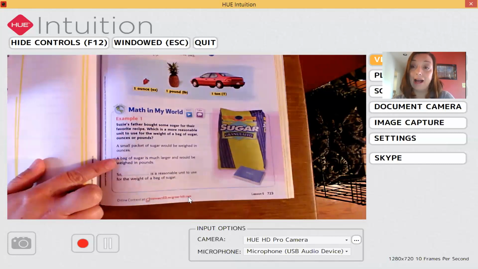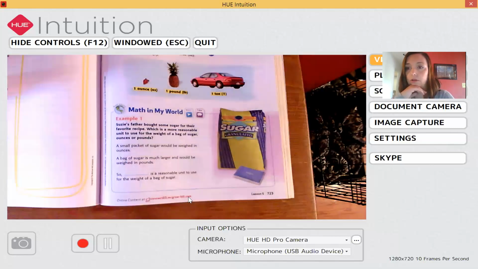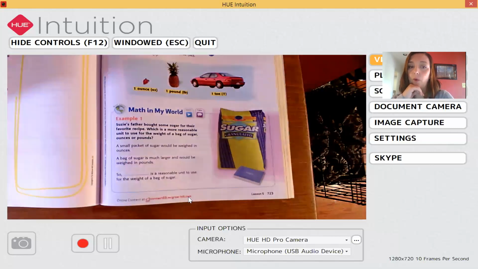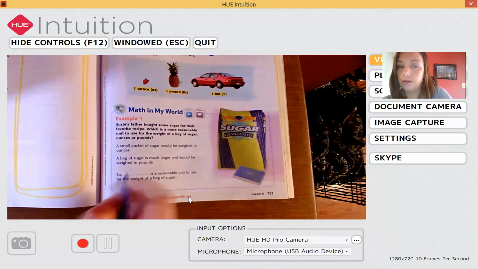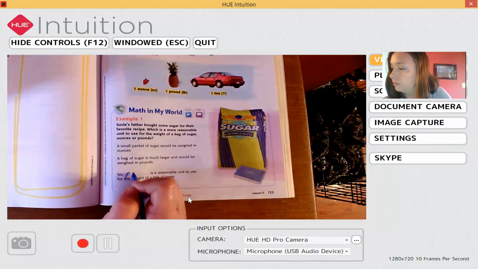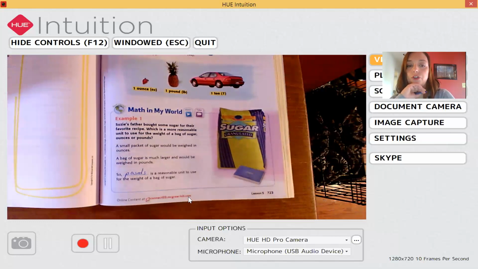But a bag of sugar would be more like the size of a pineapple, right? So we would weigh the bag of sugar in pounds. So pounds is a reasonable unit to use for the weight of a bag of sugar, okay?